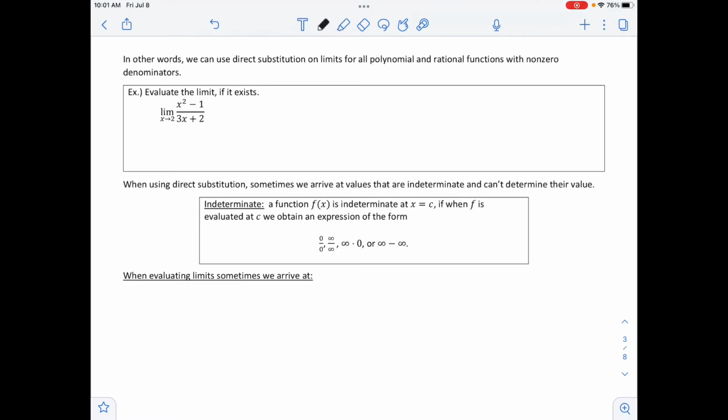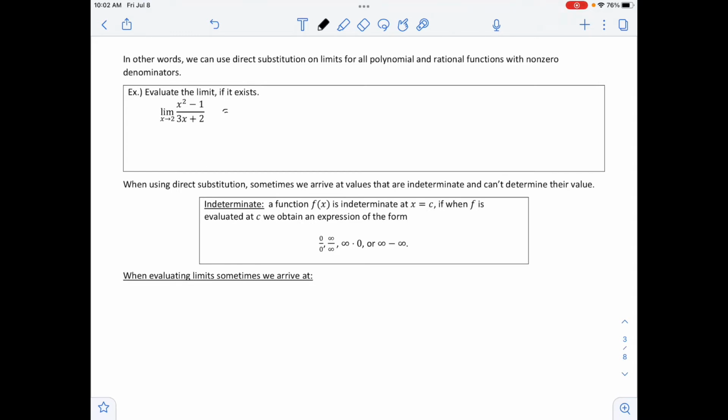We have an example right below that says evaluate the limit if it exists. Using direct substitution, we can solve this. In addition, you could graph this to see what happens to the graph as x approaches 2. It does not look like a fun function to graph. You can also create a table of values. However, direct substitution is so much faster, and it's also more accurate than creating a table or a graph, because those are usually estimates.